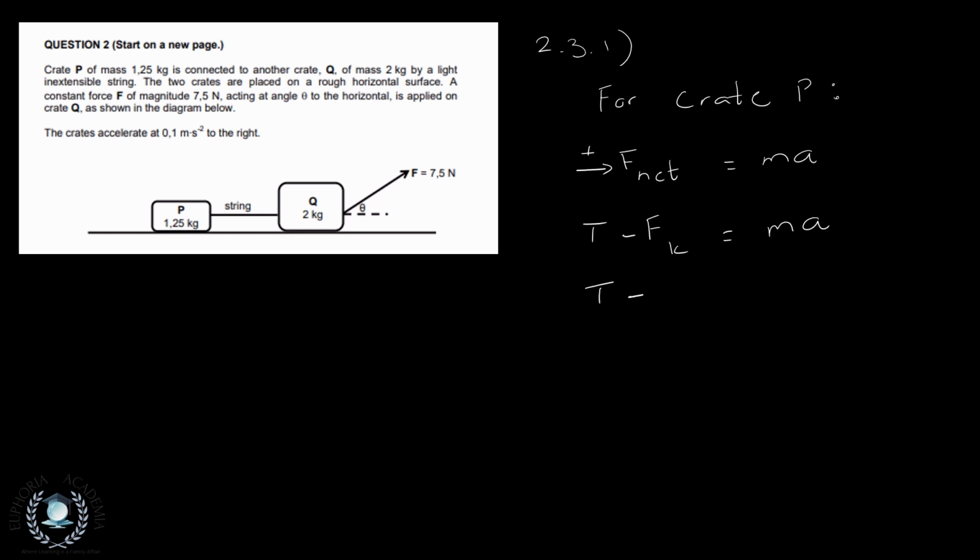It's going to be T minus 1.8, and that is going to be equal to 1.25, and that is multiplied by 0.1, and we shall see that our tension, after doing some mathematics, is equal to 1.925 newtons, right?